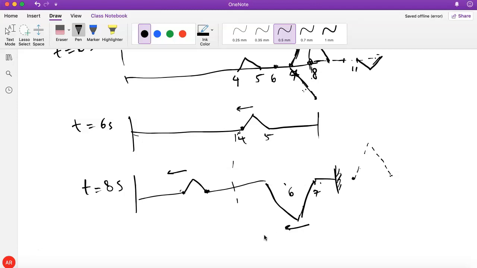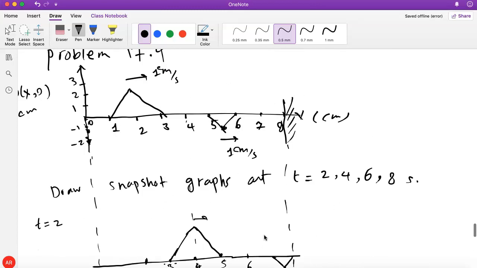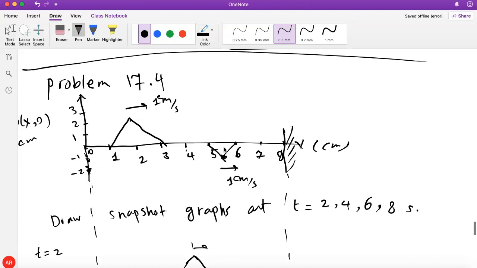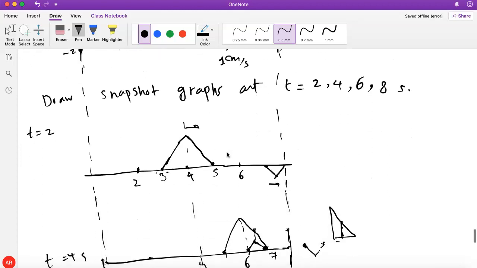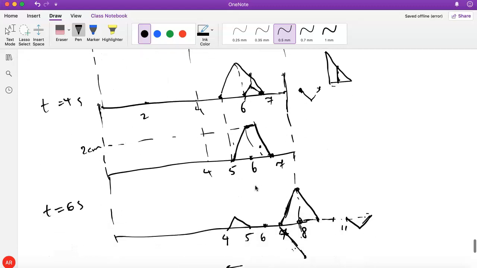Yeah, so now the whole thing is reflected. So when they are near the wall, they interfere. So you have this upward pulse, this downward smaller pulse getting close to the wall. They reach the wall. Then for this one at 4 seconds, this one is not reflected. This is reflected, and then the reflection gives you this superposition.